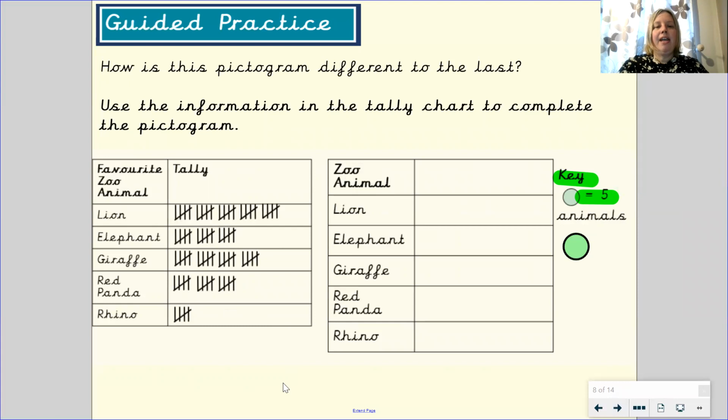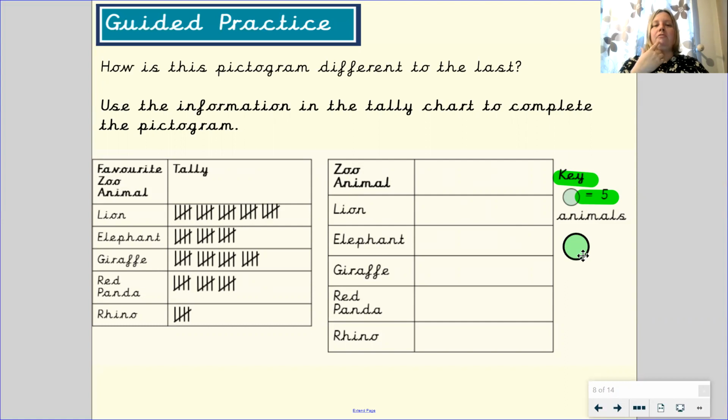Let's have a look at our tally chart. Let's count how many people thought the zoo animal, the lion, was their favourite. Count with me. 5, 10, 15, 20, 25. So I've got to show that on my pictogram. How many animals does a circle represent?